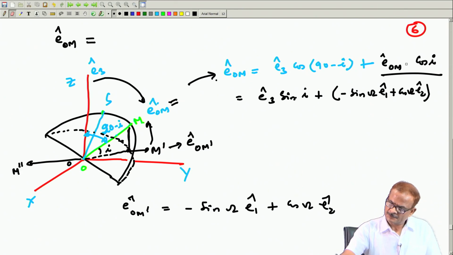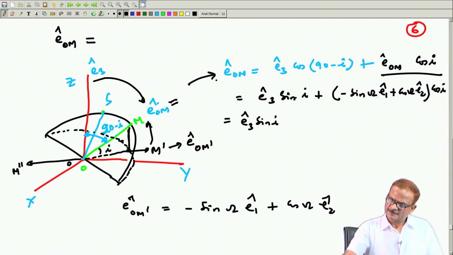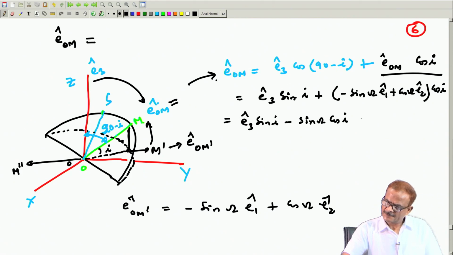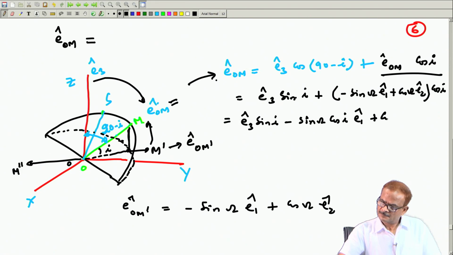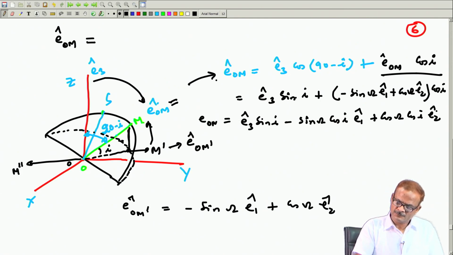This is not a dot product here, this is a simple product, and then cos I. Once we expand it, this is E3 cap sin I, and then expanding again: minus sin capital omega cos I times E1 cap plus cos capital omega cos I times E2 cap. So, this is E_OM cap.